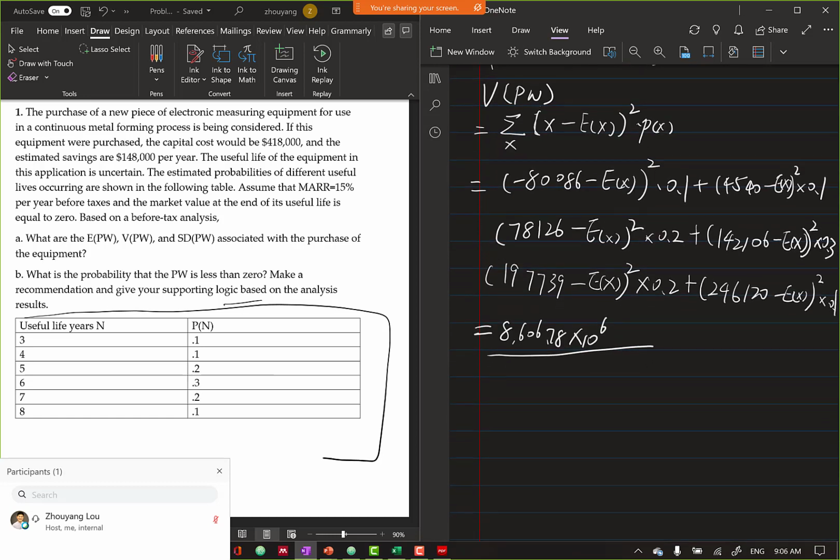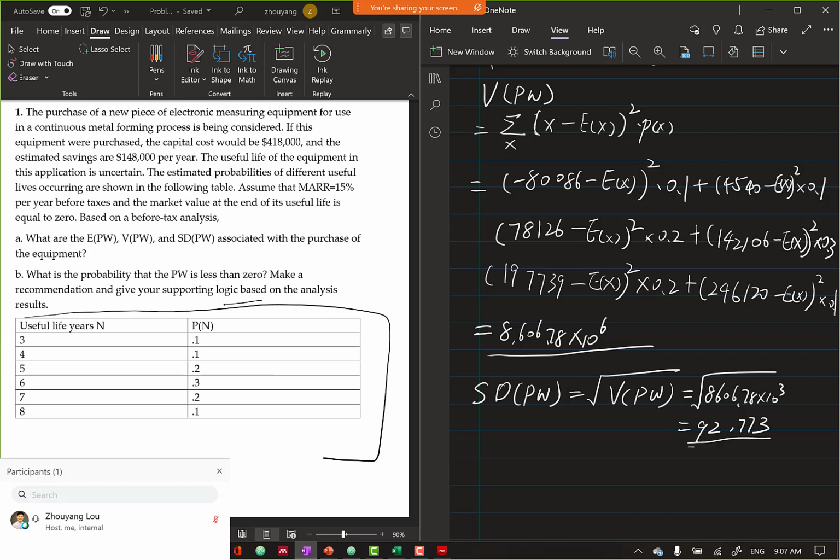Then the standard deviation of the present worth will be very straightforward, which is just the square root of the variance of the present worth just calculated, 6.78 times 10 to the power of 6. Then we will have some number close to this guy, 92773. And we are done for problem A.